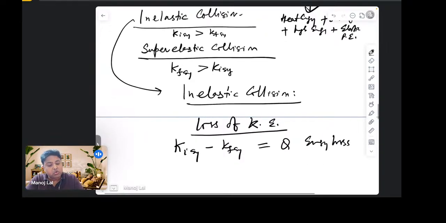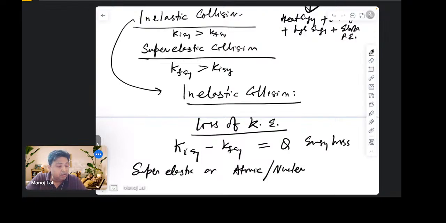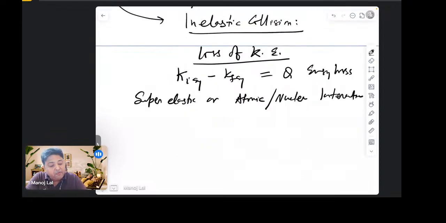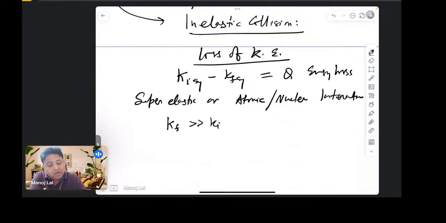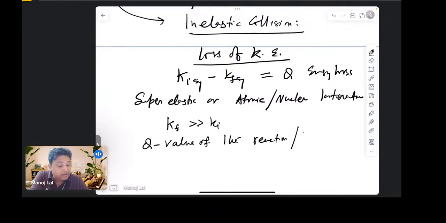And if I am talking about super elastic, or atomic or nuclear interaction, here no doubt K final is much greater than K initial generally. Here we measure the Q value of the reaction, or in physics we can say interaction.